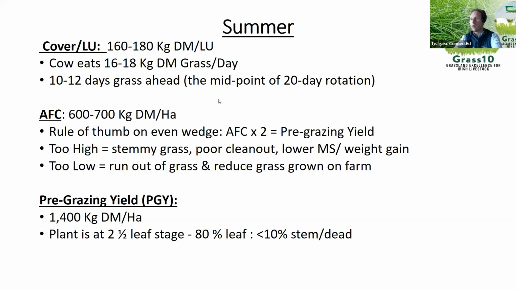If we're too low on the average farm cover, we're running out of grass and we reduce the grass grown on the farm, because if we have an average farm cover of say 450, 500, there's just too much of that ground in the one leaf stage. It's going to take an awful lot longer to recover, which means more supplementation in the diet.